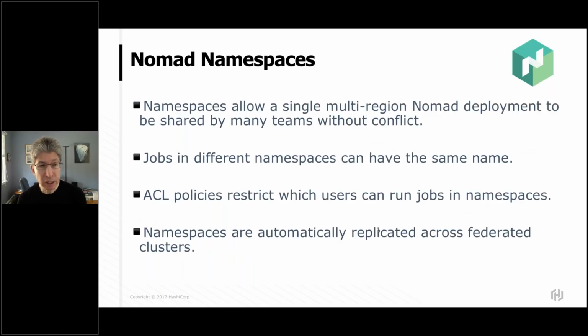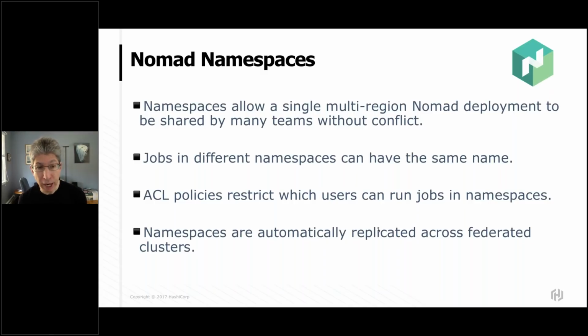Nomad namespaces is what allows you to have multi-tenancy in a Nomad environment, whether that be a single cluster or multiple clusters, so that teams can share these clusters without conflict. One aspect of this is that jobs in different namespaces can have the same name. Normally within a single namespace or in a single cluster that in the past wasn't using namespaces, you cannot have two jobs of the same name, but as long as they're in different namespaces, that's okay.